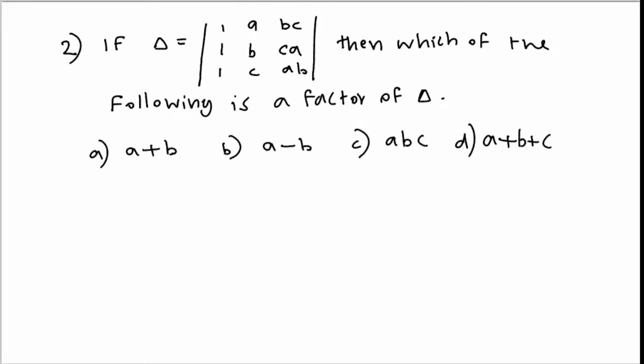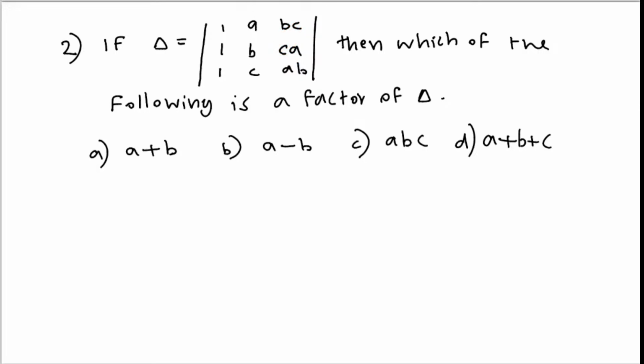So when we analyze these rows, the first row is 1, A, BC, then the second row is 1, B, CA. Here A, here B, here B, here A. C is common.